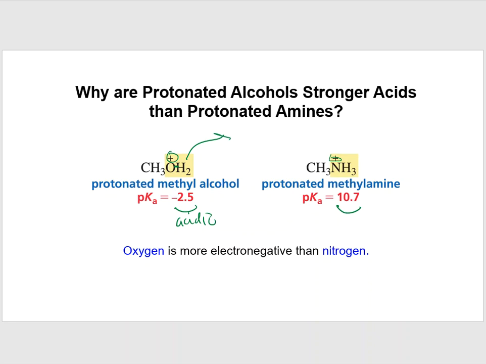Therefore, it meets the definition of an acid much easier. This is why acids behave the way that they do. One of the reasons, especially if you have different atoms like this, and different functional groups like we've talked about, is all due to the electronegativity of the atom.